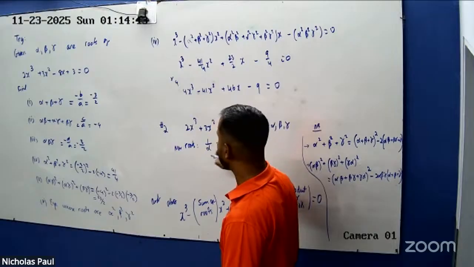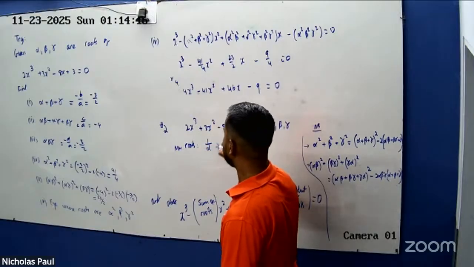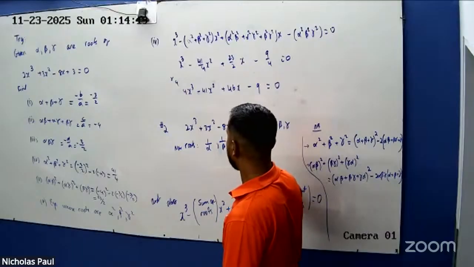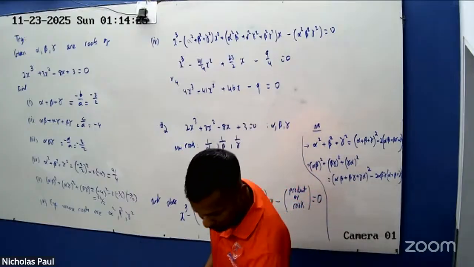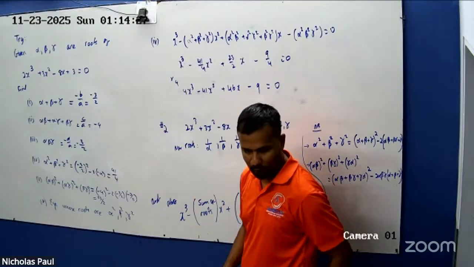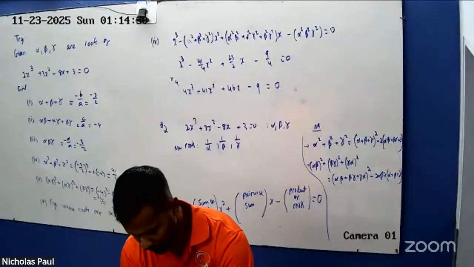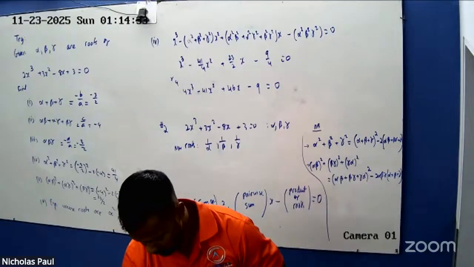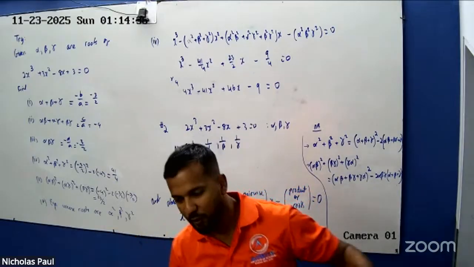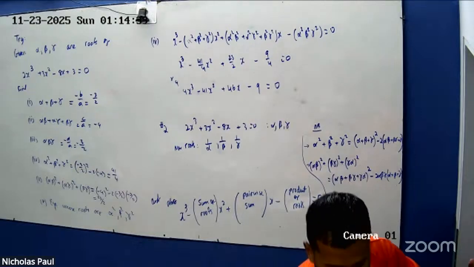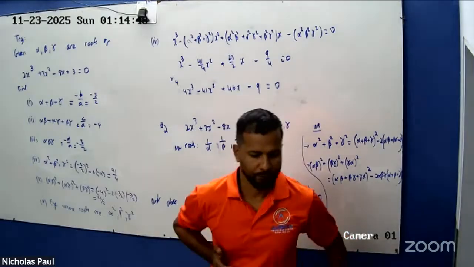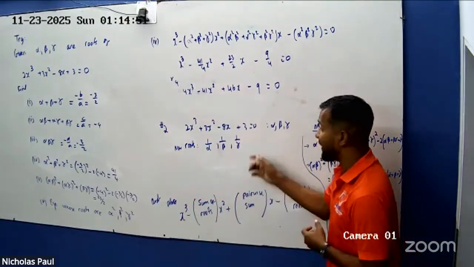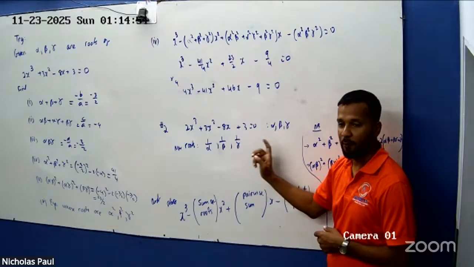Find a new equation whose roots are 1 on alpha, 1 on beta, 1 on gamma.